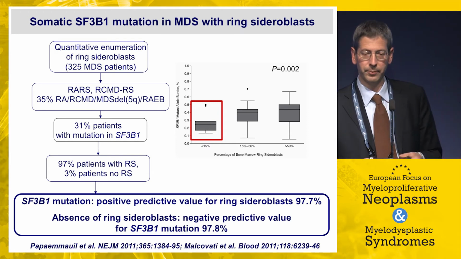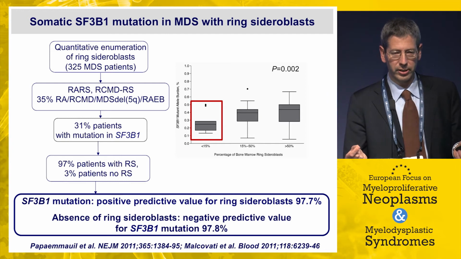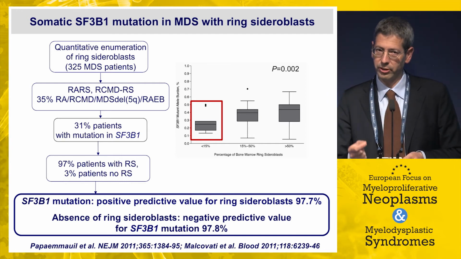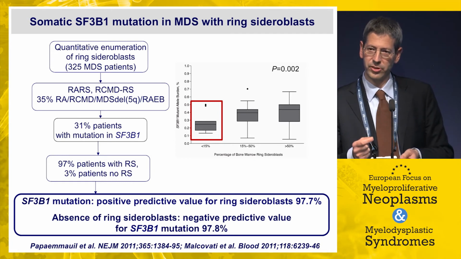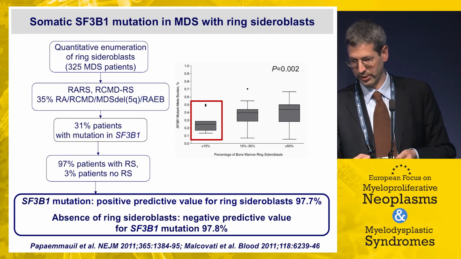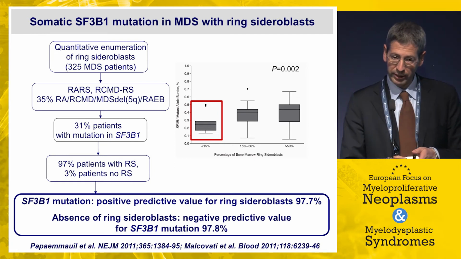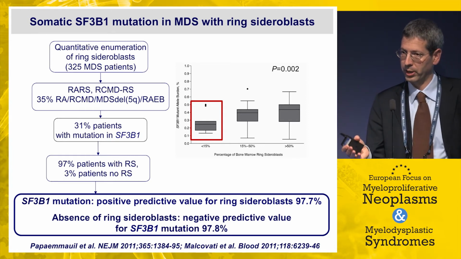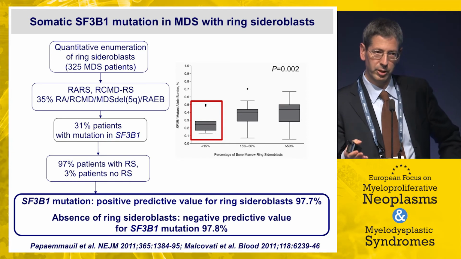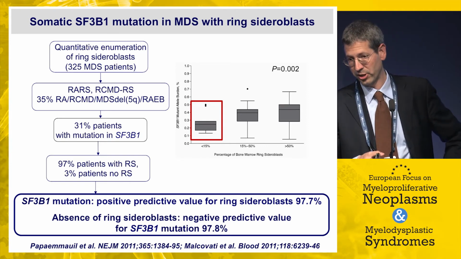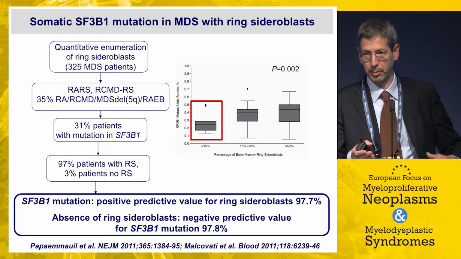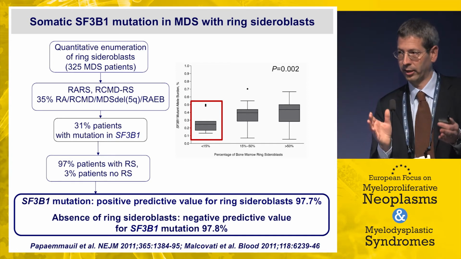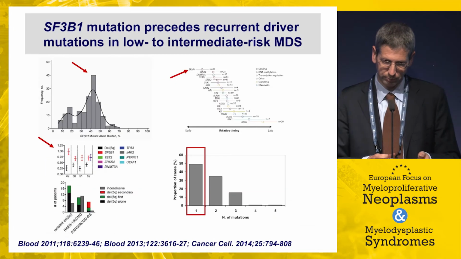So when accounting for all these cases, we found that the mutation in SF3B1 has a positive predictive value for ring sideroblasts of nearly 100%. And notably, the mutation was also found in a fraction of patients showing less than 15% ring sideroblasts, suggesting that this threshold is probably arbitrary and is not identifying a specific biological process.